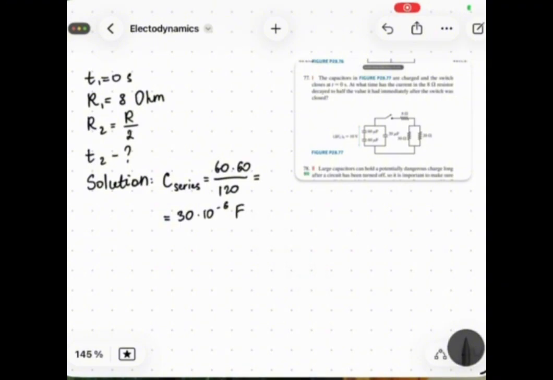Now I have to combine the parallel capacitors. I add the 30 microfarads to the 20 microfarads. They are in parallel, so that gives 50 microfarads. Really easy.